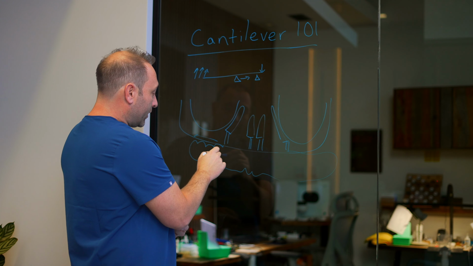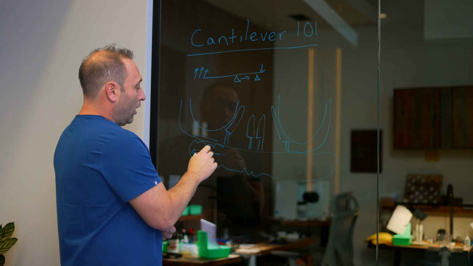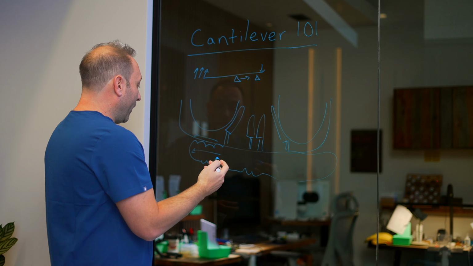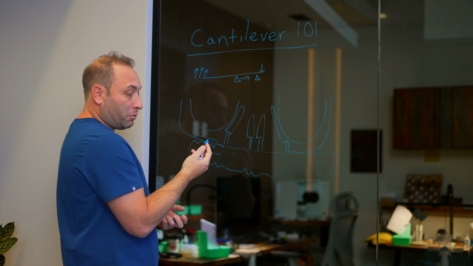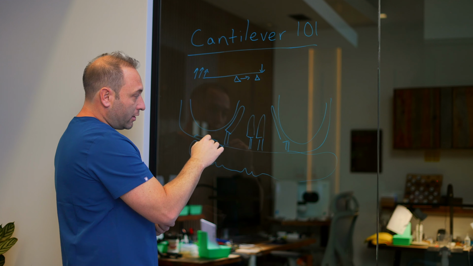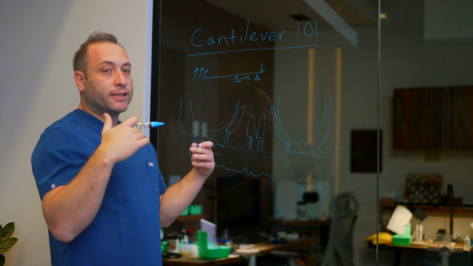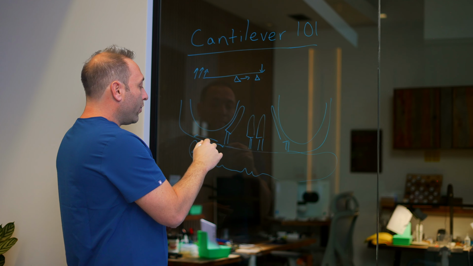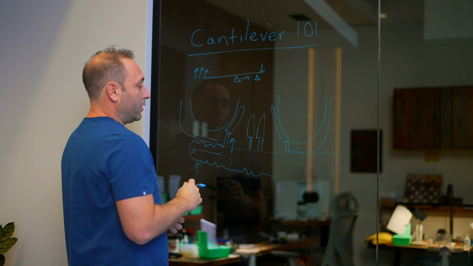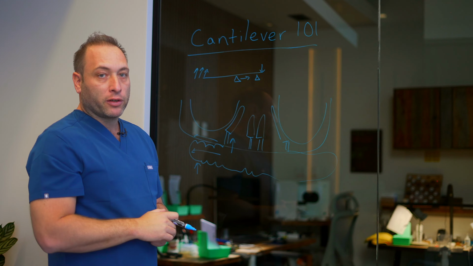And this distance, the farther the distance that it goes away from the implant, the larger the cantilever force. So when a patient chews with their back teeth, which is what they're going to do, what do you think happens to this implant? It takes on significant load. And if this is going this way, then the force is going up onto the implant. What is going to happen over time on this implant?